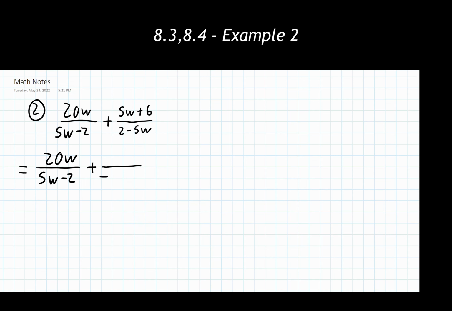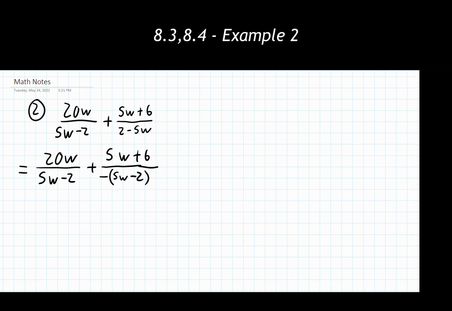So I factor a negative out. What's going to happen with that? All that means is each of these signs are going to change. That -5w is going to become a positive 5w, and that positive 2 is going to become a -2 here. Nothing's changing with the numerator yet. We're not doing anything with that in this step, so I'm just bringing that down as it is.